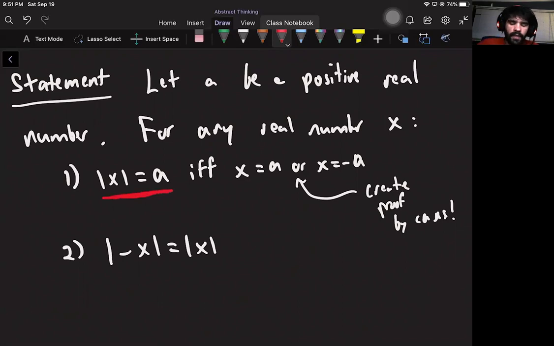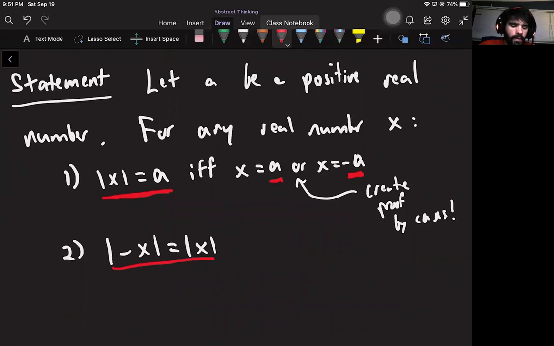You should think about absolute value as a size, like how big the resulting number is going to be, the same for a number and its negative. That's the idea.